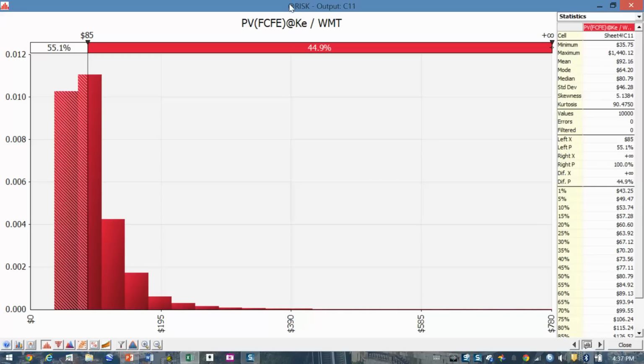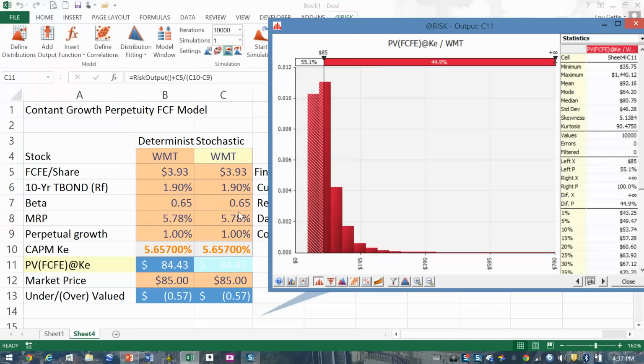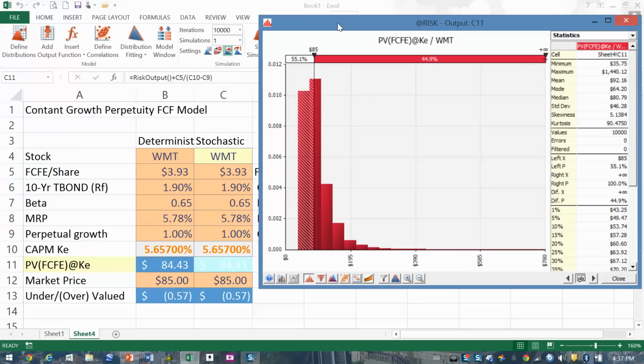So this may actually be a moderate buy instead of a hold because of the stock price. My estimate from the static estimate is strictly 85. So this is the difference between doing a static point or deterministic forecast, where there's only one value for every input and one output, and one in which we specify multiple distributions of inputs, which then creates distributions of outputs that allow me to make a more careful, informed decision.